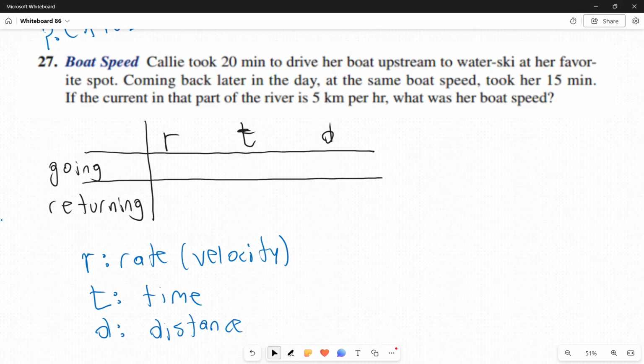Usually from the question of the problem, you determine the variable. The question is, what was her boat speed? So this is going to be the variable. That's going to be the boat speed.